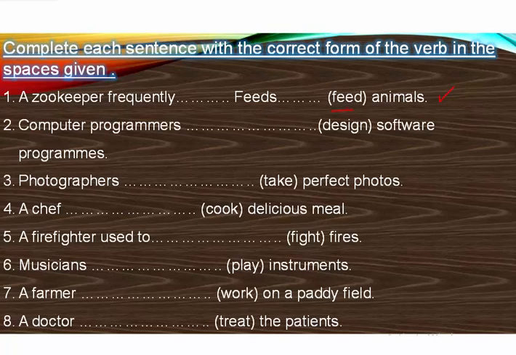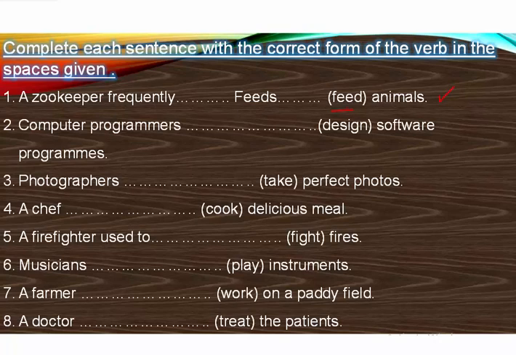A firefighter used to dash, within bracket fight, that is the verb here, fires. Musicians dash play instruments.